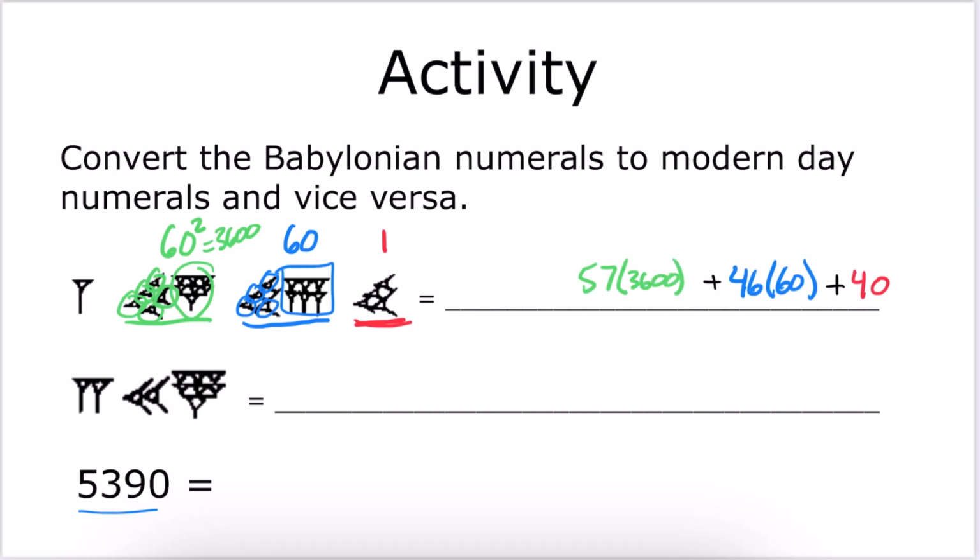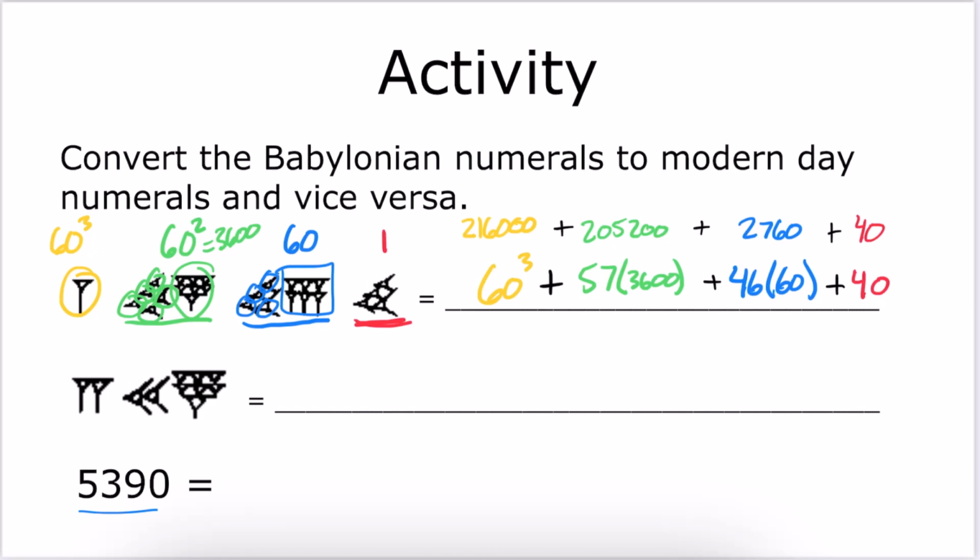And then my last place value, this one is going to be 60 groups of 3,600. And so this one would be 60 cubed. And I just have one of them. So I don't know what 60 cubed is. That's not something I can do in my head. But I would have whatever 60 cubed is, and I would add that to 57 times 3,600 plus 46 times 60, and add that to 40.